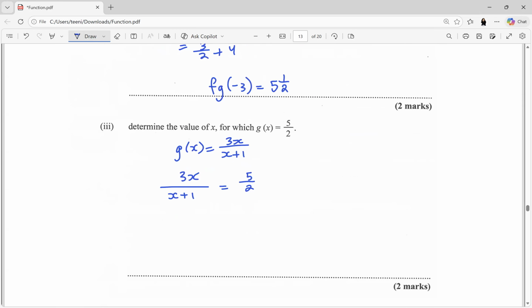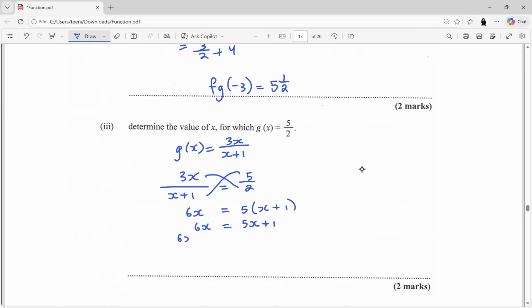To solve this, let's cross multiply. So we'll multiply 3x by 2, which will give me 6x, and then 5 times x plus 1. Write it like this, just so that you correctly multiply there, right? So this would be 6x is equal to 5 times x plus 1.